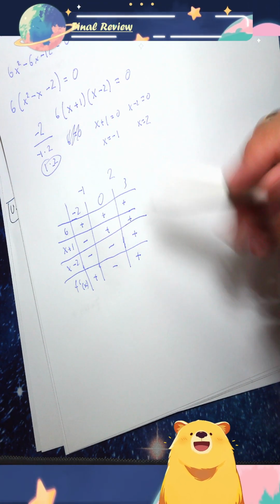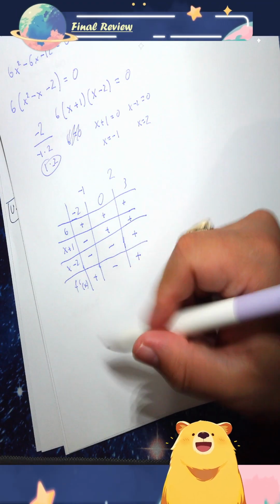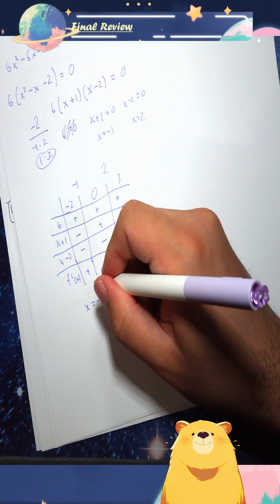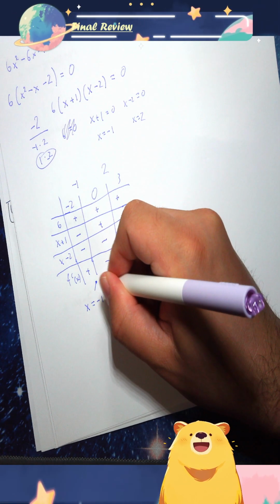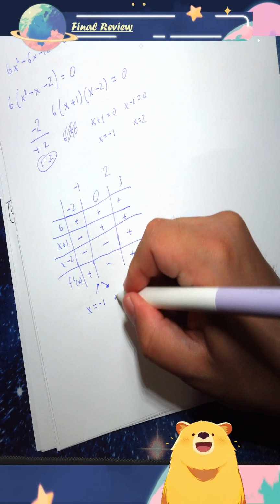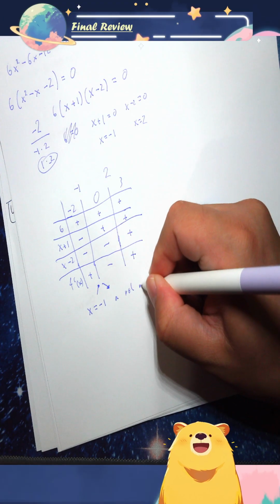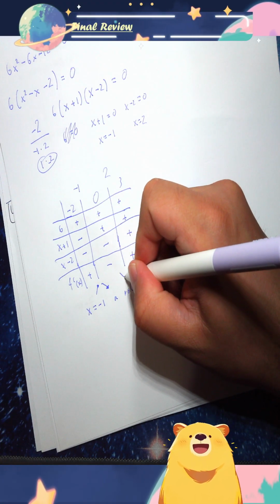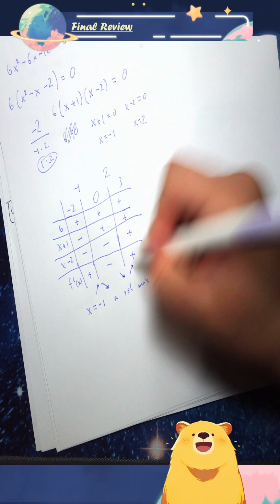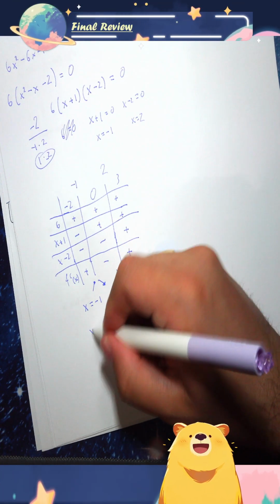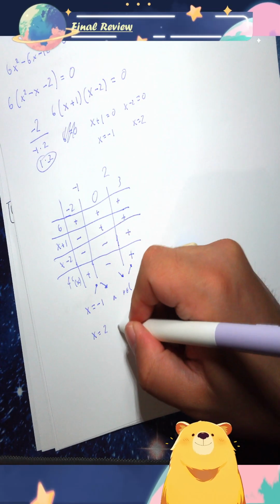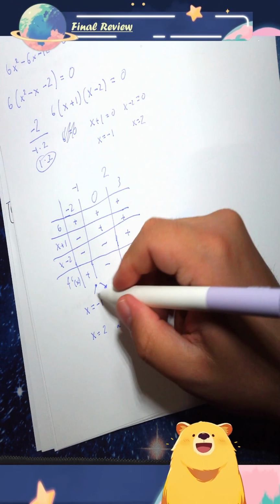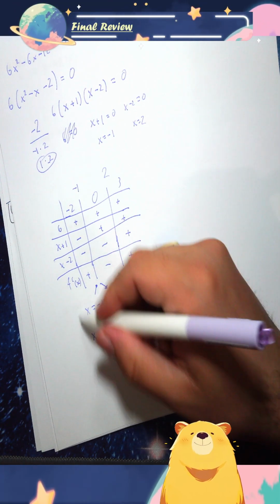But for the original function, x equal to negative 1, because it goes from positive to negative, is going to be a relative max. And from 2, as it goes from negative to positive, that's going to be a relative min. Keep in mind the shape: that's a hill, that's a valley.